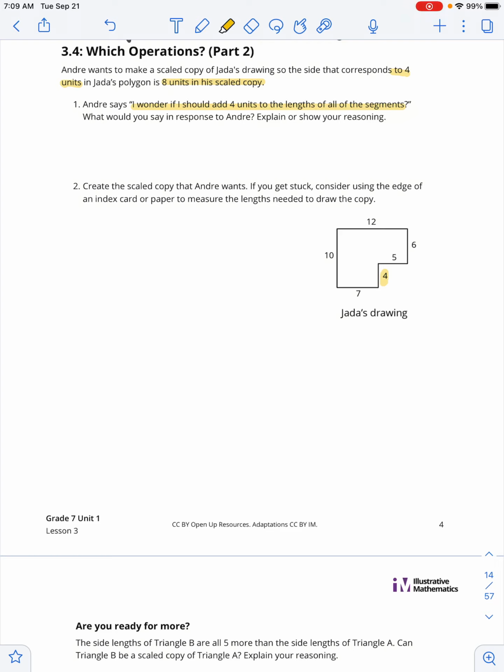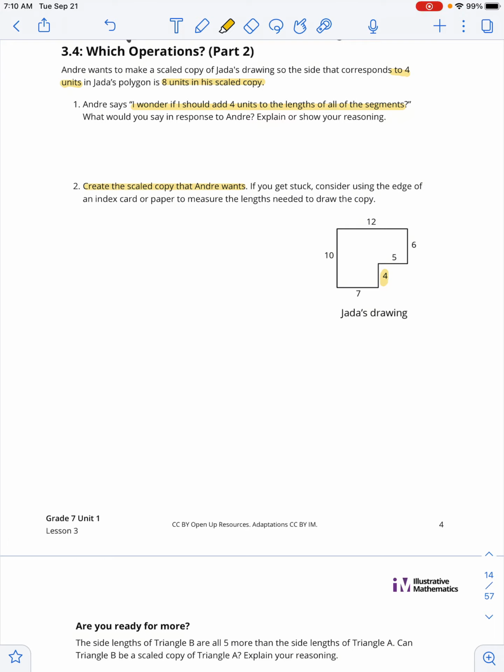After you answer question 1, create the scale copy that Andre wants. Again, he wants this side that's 4 to become 8 units. So give it a try. Draw a polygon that has a side of 8 units here, and see if you can figure out what the rest of the sides should be. If you get stuck, consider using the edge of an index card or paper to measure the lengths needed to draw the copy.